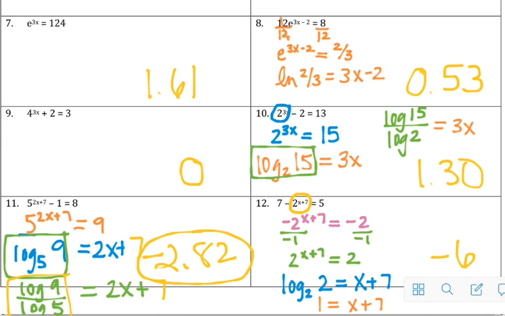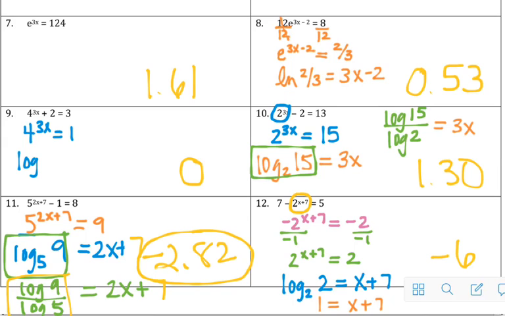Okay. Number 9, Charles, what happens first? Minus 2, so I get 4 to the 3x power equals 1, right? What's next? Okay, what will be the base of your log? What's the base of the exponent?